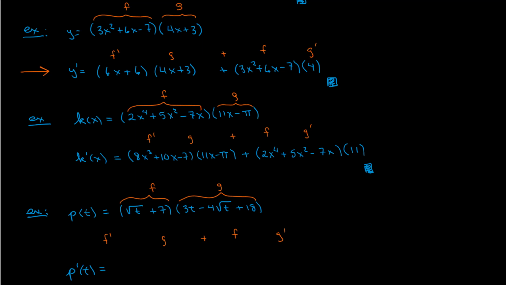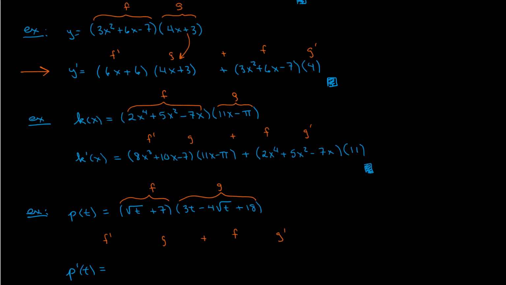Now be careful. Here's where people make mistakes. What we're going to then do is multiply it by g, not g prime. You don't just take the derivative of both chunks and write them down and ta-da, you're done. It's not quite that easy. So we copy down the second factor, 4x plus 3, plus, then the second part of the rule for the product says we're going to do f.